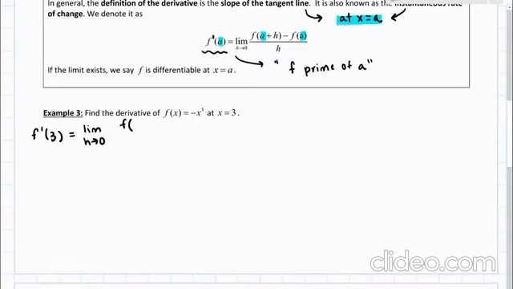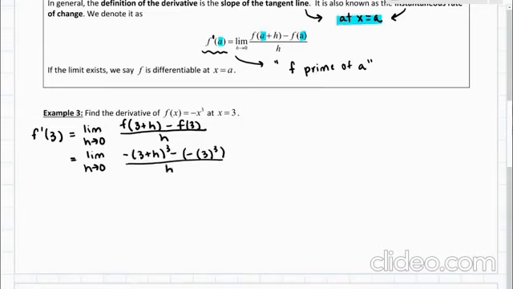So in that case, it's f of 3 plus h minus f of a, which in our case is f of 3, over h. And so just like we have been doing, we're going to plug these values in to evaluate them in our function. So we have negative (3 plus h) cubed minus negative 3 cubed all over h.